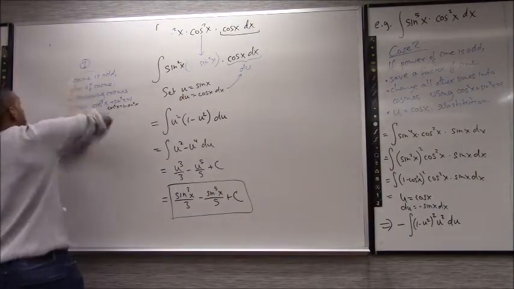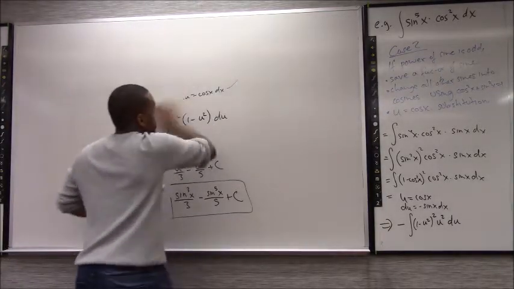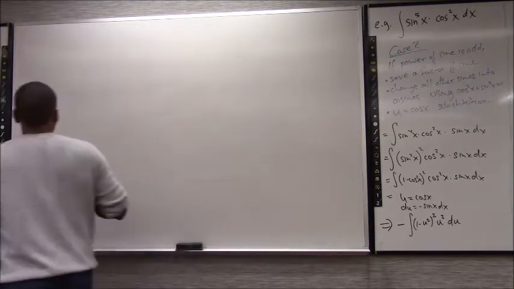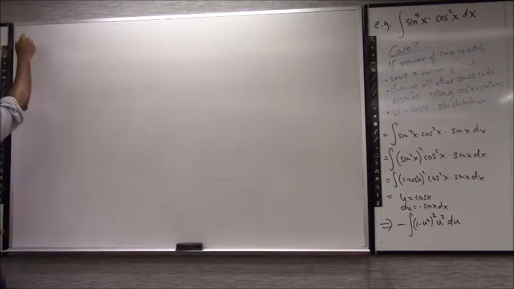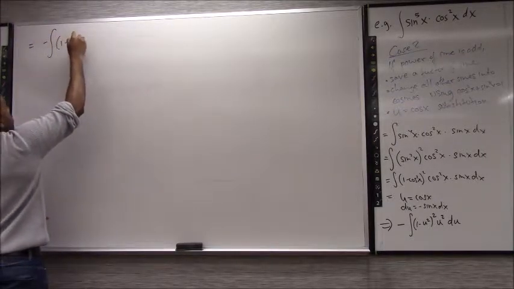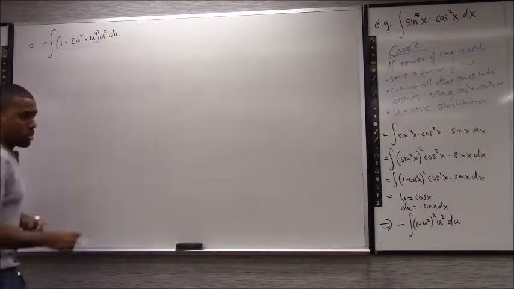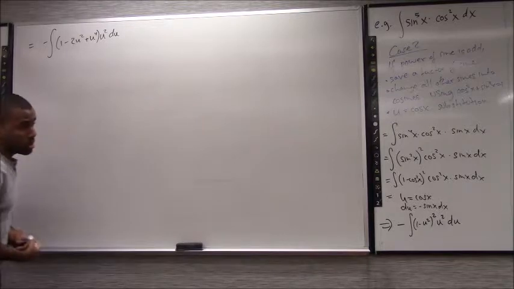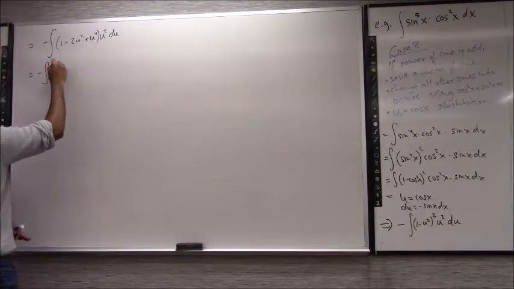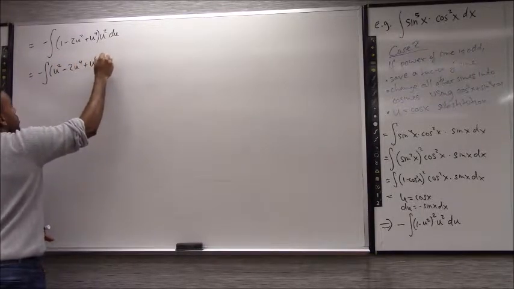That ends up being u squared minus 2u to the 4th plus u to the 6th du.